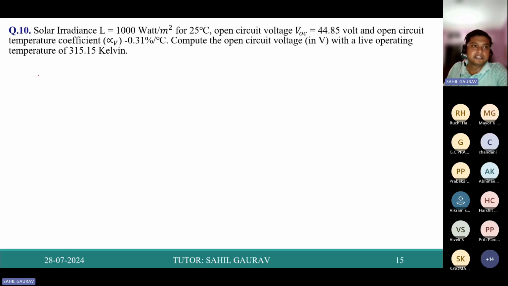Here alpha V is given as minus 0.31 percent per degree Celsius, and the temperature is given in Kelvin, so it is better to convert it to Celsius. The temperature in Celsius will be 315.15 minus 273.15, which will give you 42 degrees Celsius.